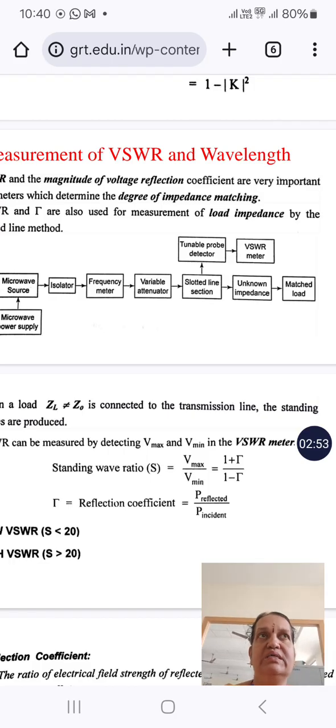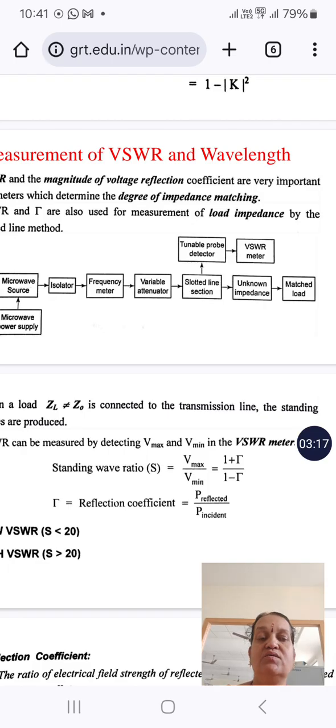The voltage standing wave ratio is determined by the value of Vmax by Vmin, that is, the maximum amplitude to the minimum amplitude of the standing wave.